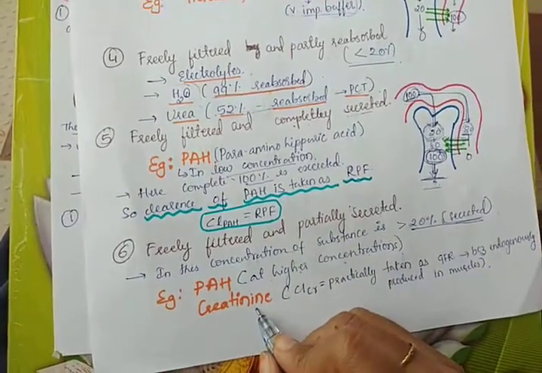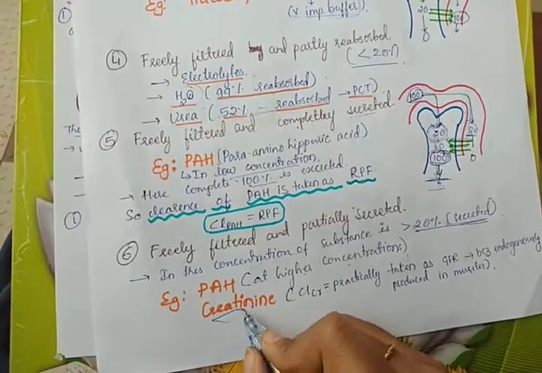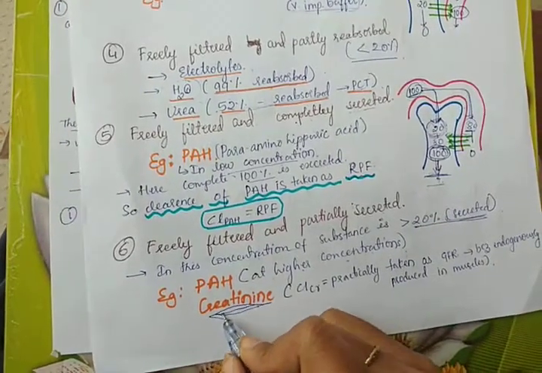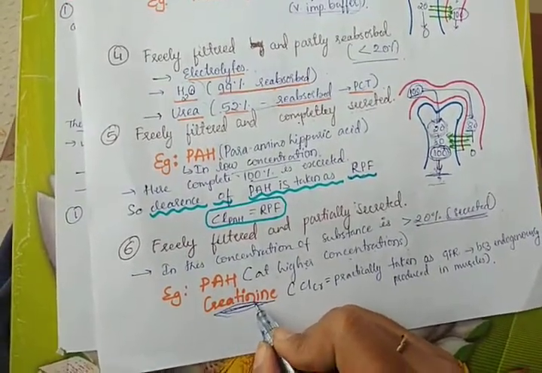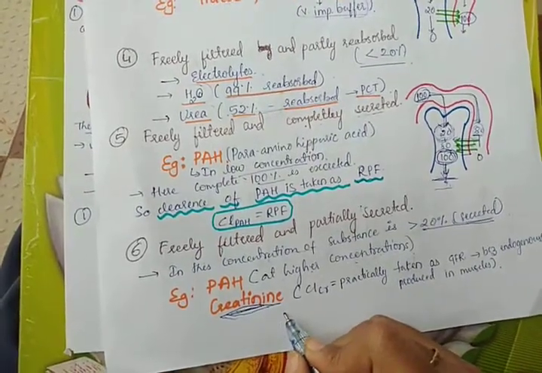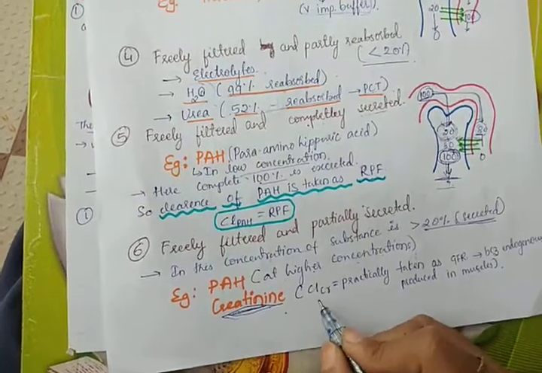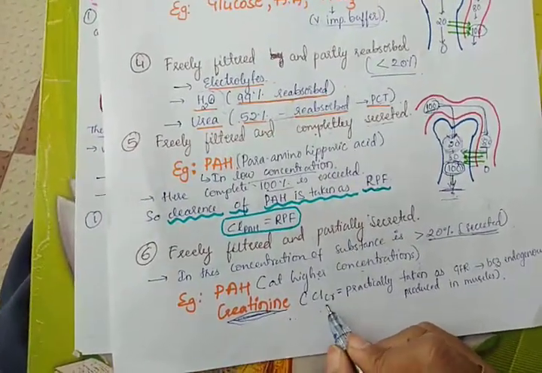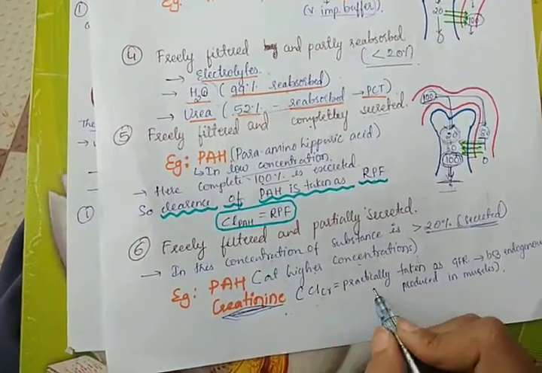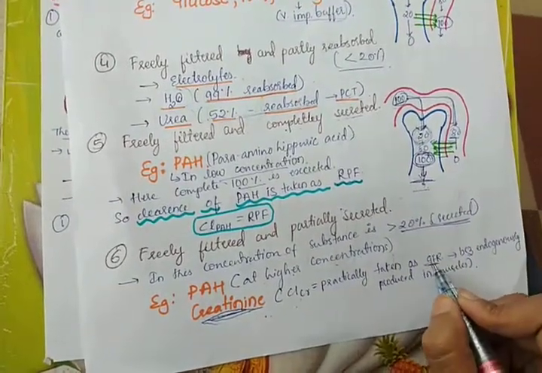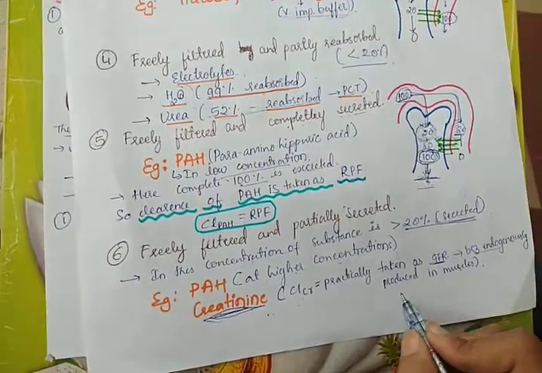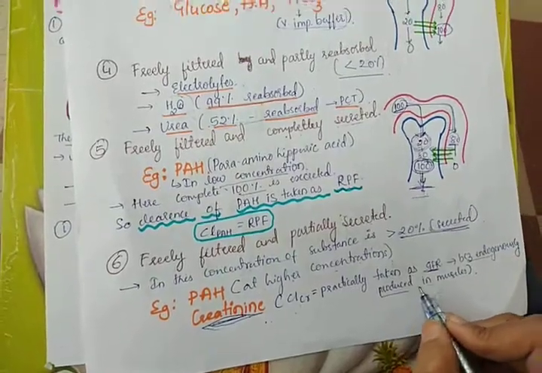Next, creatinine. Creatinine is secreted at a very low concentration, so its clearance is almost similar to the GFR. So practically we take clearance of creatinine as GFR because it is endogenously produced in muscles.